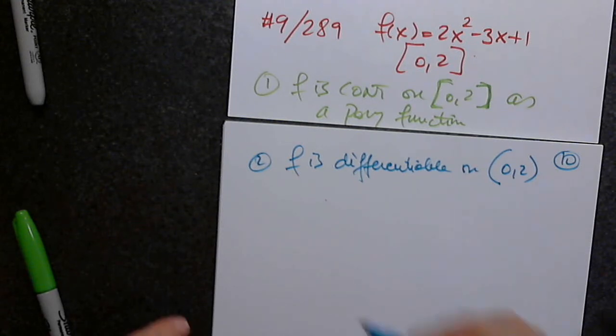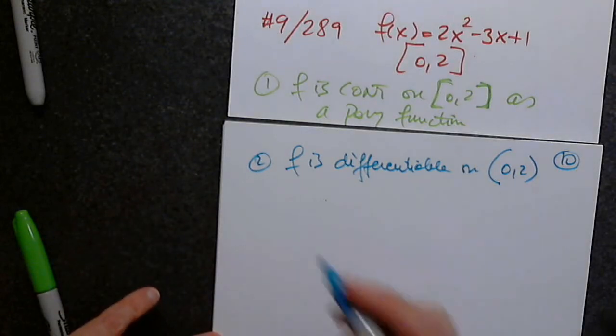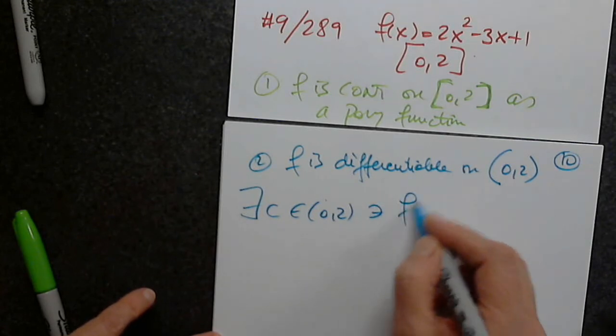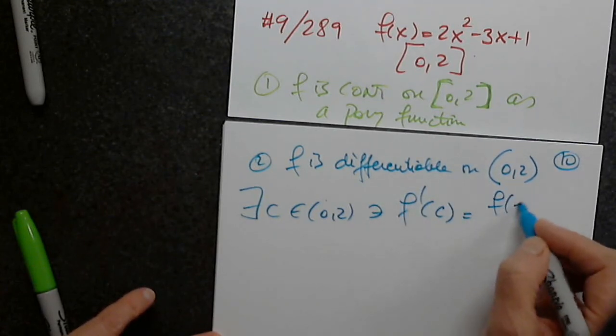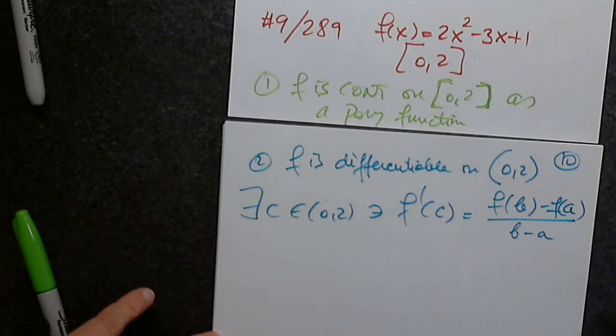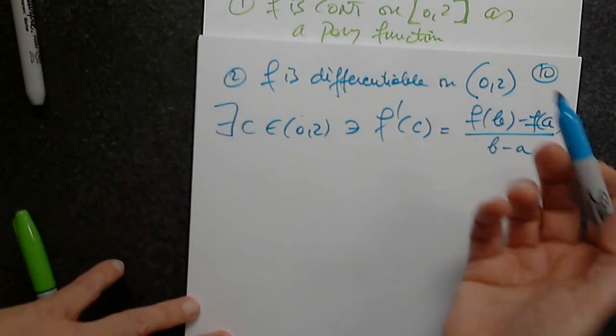Okay, so therefore, there exists a c in the open interval 0, 2 such that f prime of c equals f of b minus f of a over b minus a, where a is 0, b is 2.